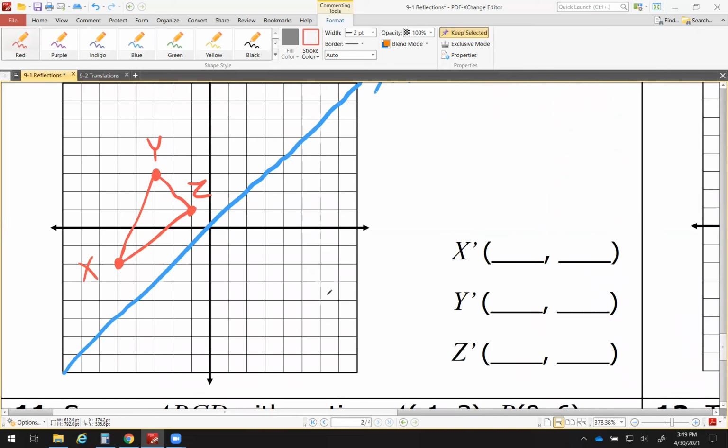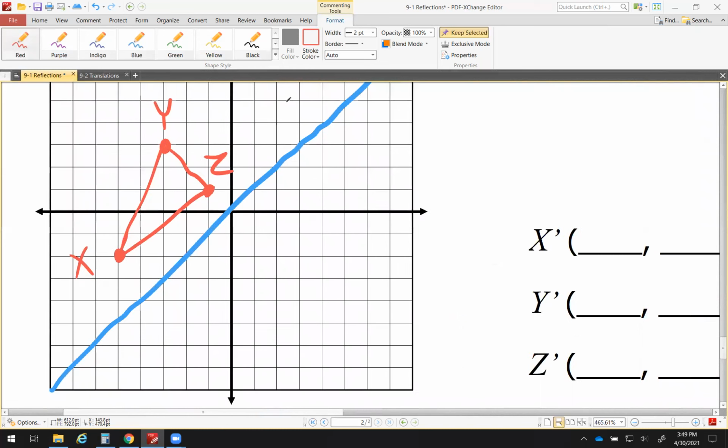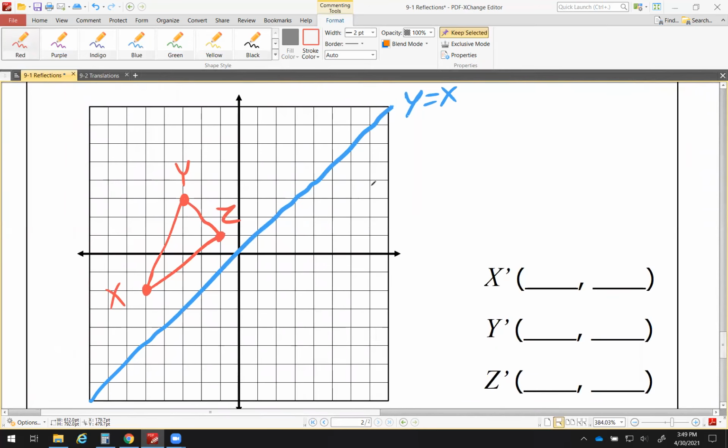And so it's maybe a little bit difficult conceptually at the beginning to think about how we might reflect this over a diagonal line, but we're going to use the same technique. We're going to find the distance from Z to this line, except we're going to flip halfway through. So what's going to happen is either go horizontally or vertically first, and then go until you hit the line of reflection, then go the opposite way.